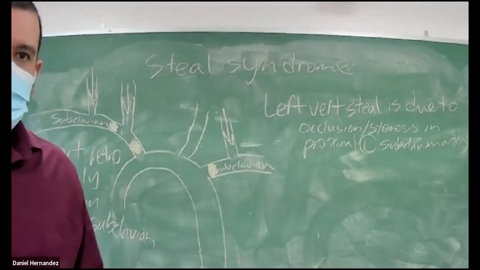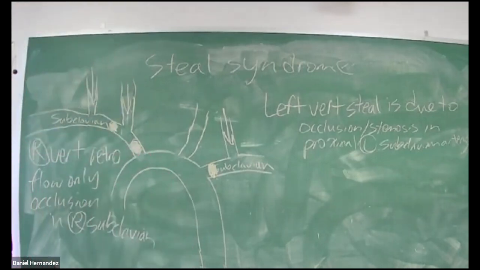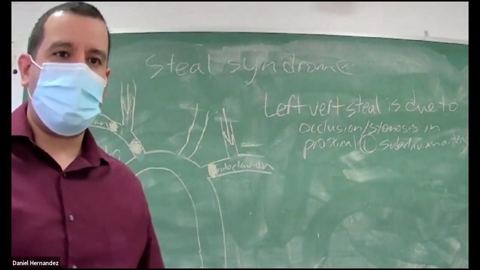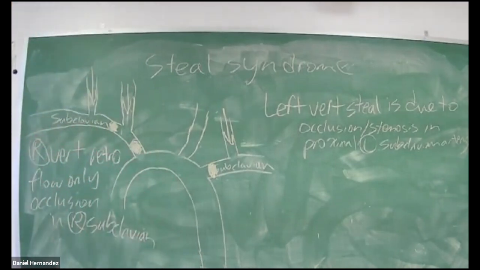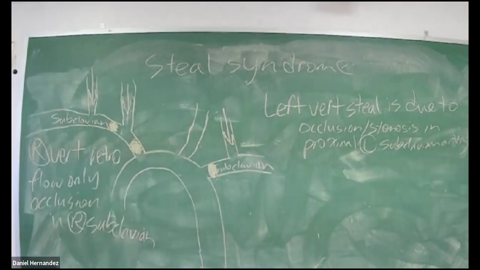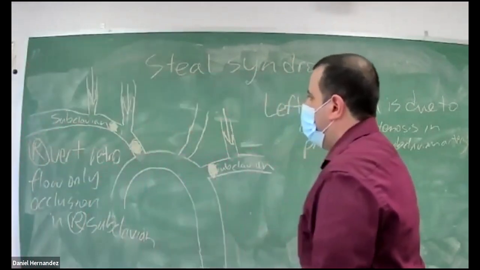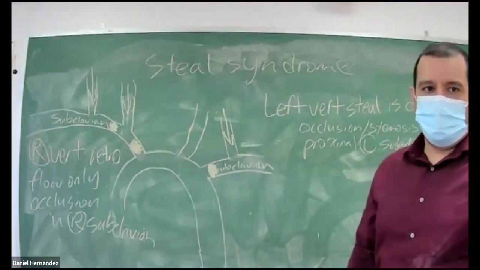So with any steal syndrome, it's due to occlusion proximal. So remember that it's a proximal occlusion that's creating this steal syndrome. So regardless of where the occlusion is here on the right side, we'll still have lower brachial pressures because we're taking our pressures down in the arm. So the side of the occlusion will have the lower pressures.